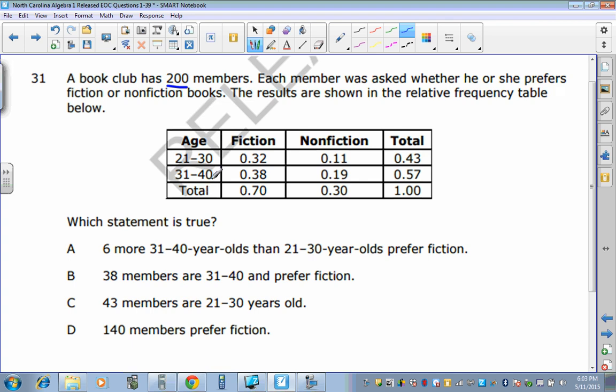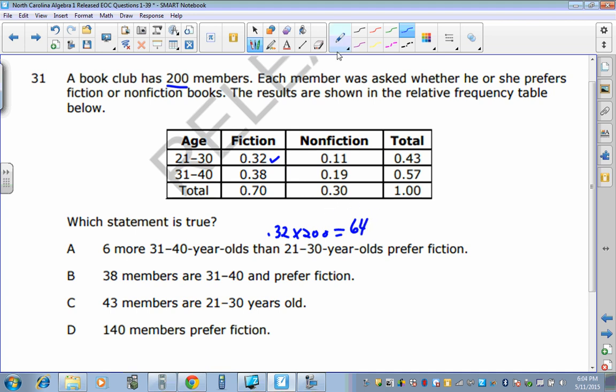If you look at the choices, 6 more 31 to 40-year-olds than 21 prefer fiction. Okay, let's see. So 32% of the 21 to 30-year-olds, so I need to do 32% times 200, and when you do that on your calculator, you get 64.